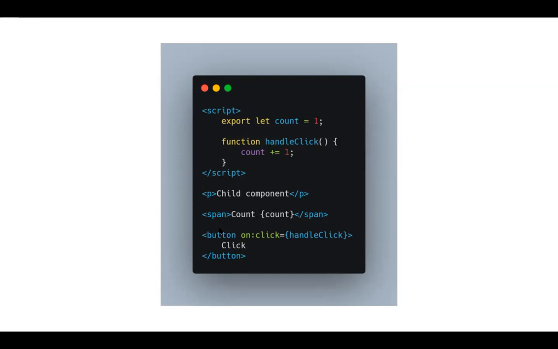And next we have the button. It has this on:click directive, so this handles the click event, and we can add the function that we created earlier here as a parameter for the directive.